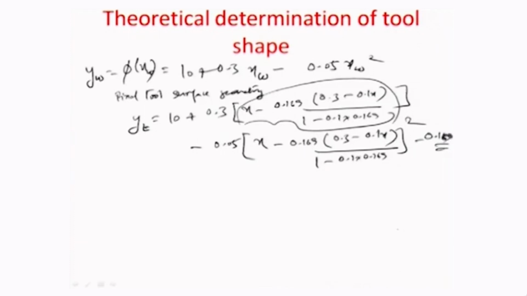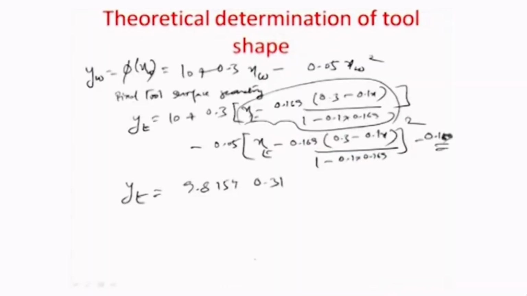And so, if you solve all this, you get a relationship between the xt and the yt, as yt is 9.815 plus 0.315 xt minus 0.051 xt square, where both xt and yt are in centimeters.